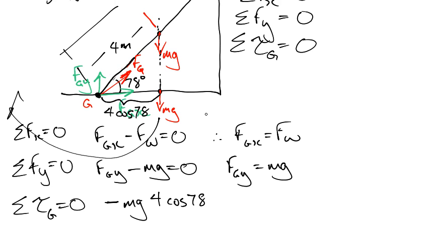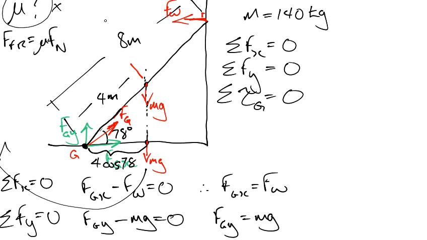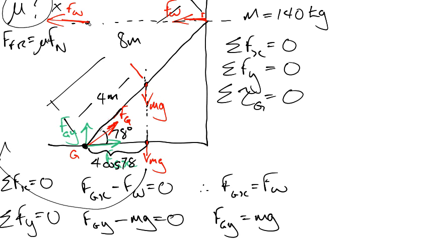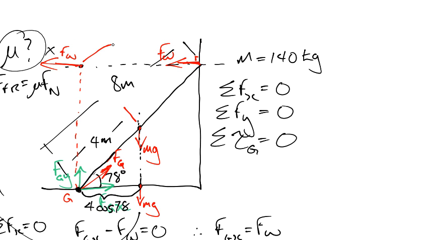Next, we're going to move up to the other force, which is here. And we're going to move this guy right to there. So now that is going to be acting there, Fw. And in fact, it is in line with this point. If this is 8 meters, this distance is going to be 8 meters times cosine 78.